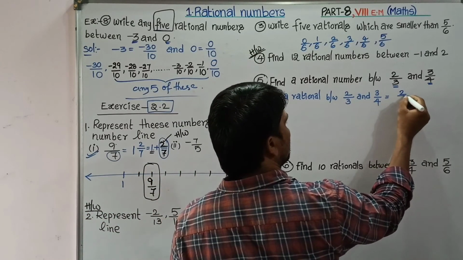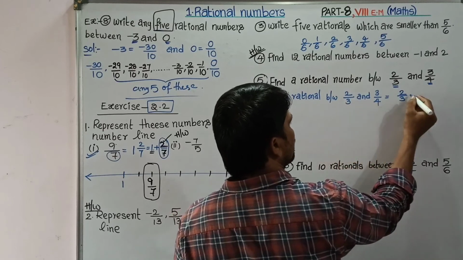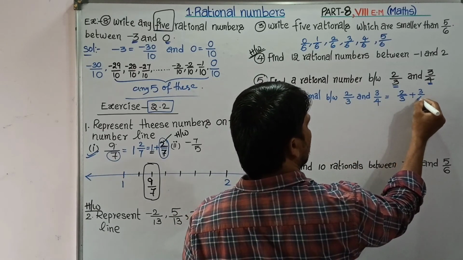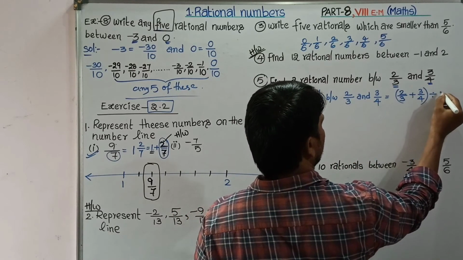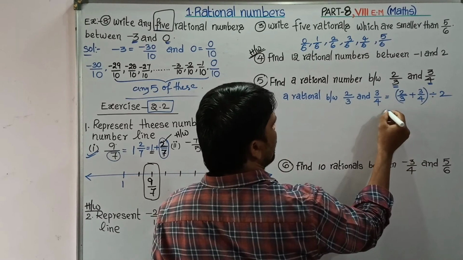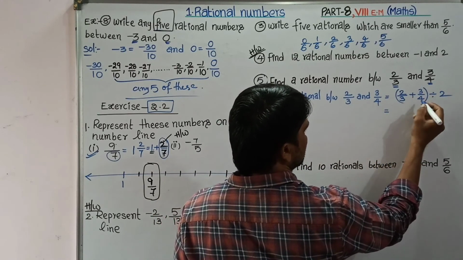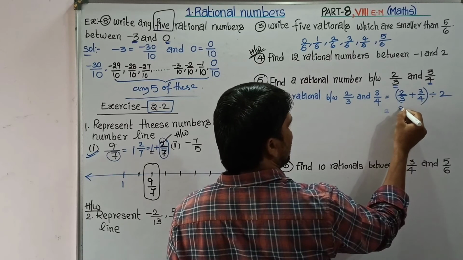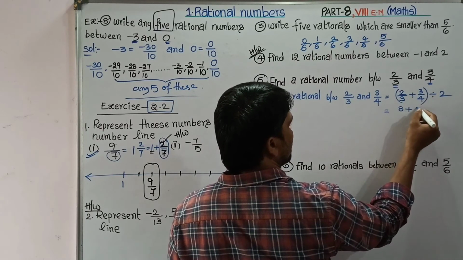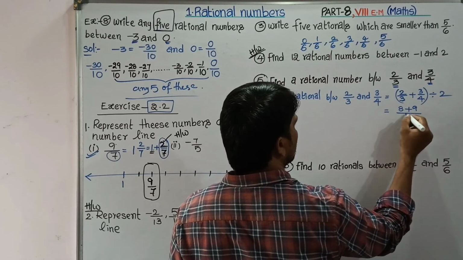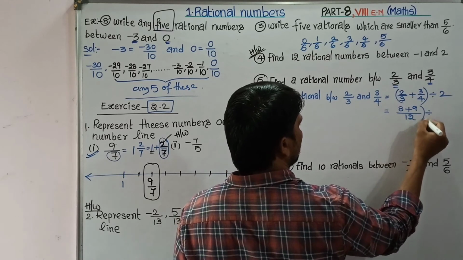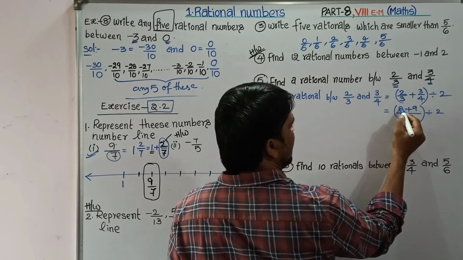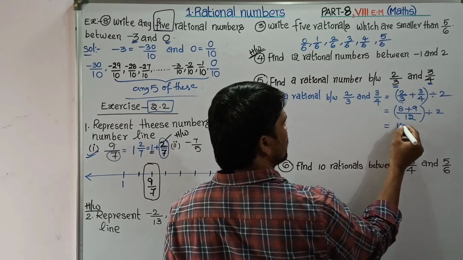In the same manner, the rational number between these two is 2 by 3 plus 3 by 4 divided by 2. As they are unlike rationals, by cross product, 4 twos are 8 plus 3 threes are 9 by 3 fours are 12, divided by 2. 8 plus 9, 17 by 12.